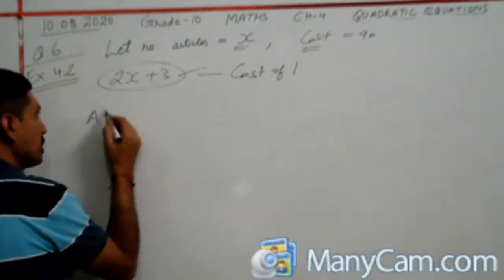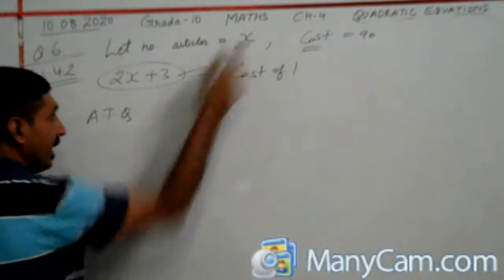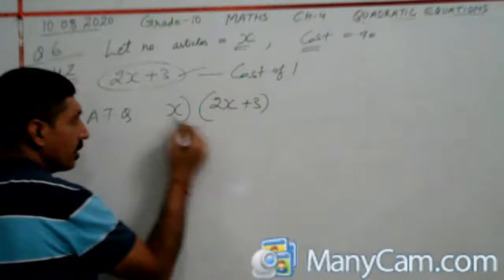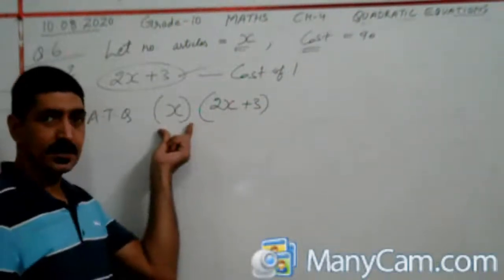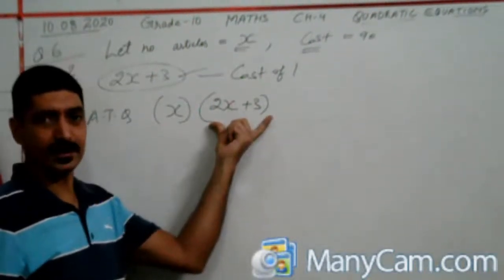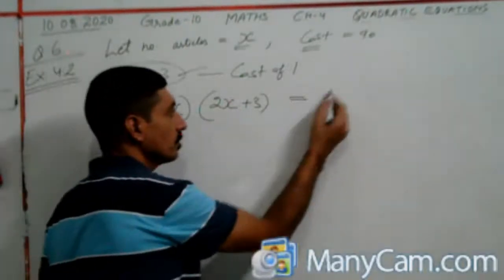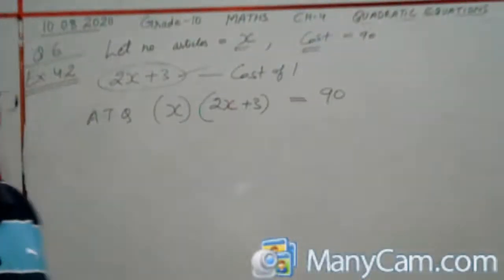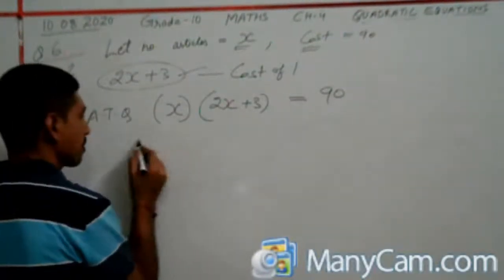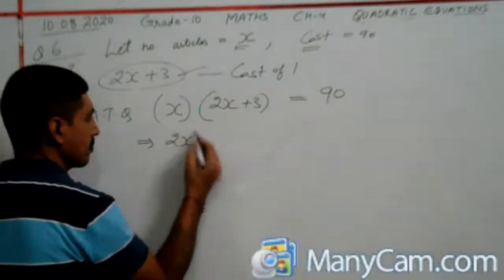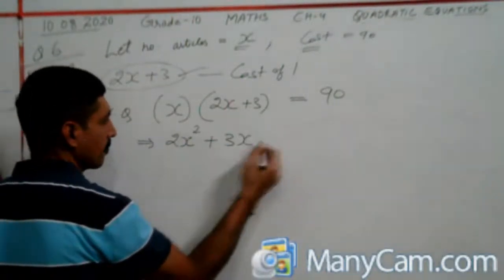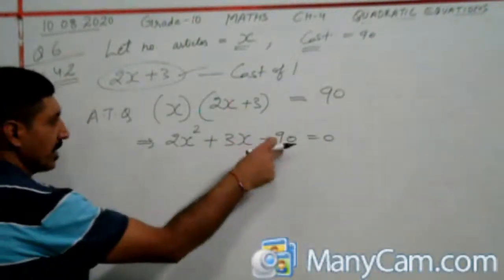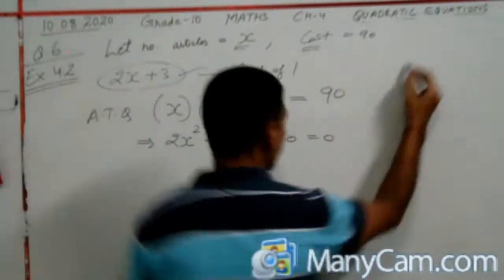So, according to question, number of articles into cost of one article is equal to 90. This is the statement of the question, and you can find the value of x. Right? So here 2 into that is 180.